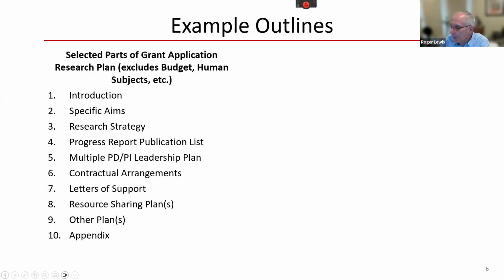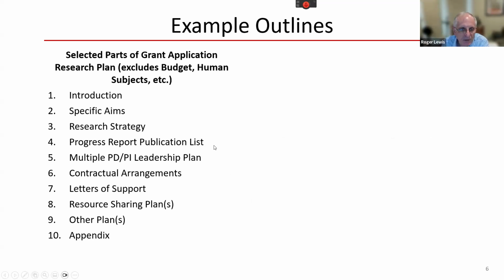So here is an example outline of a grant application. You have your introduction, specific aims, research strategy. This is pulled directly from the structure of an NIH grant application.